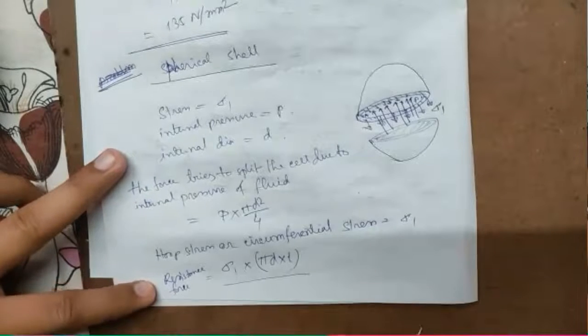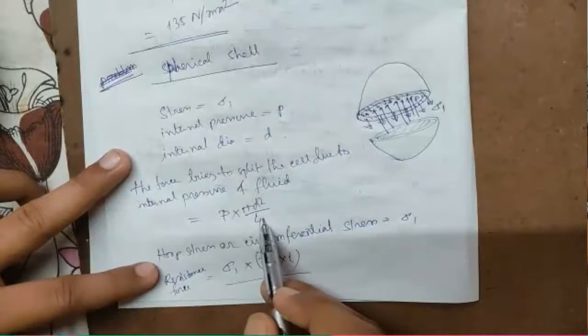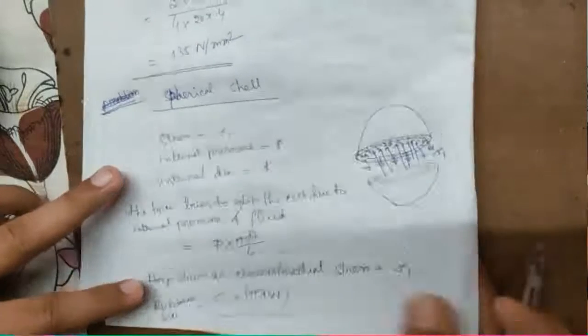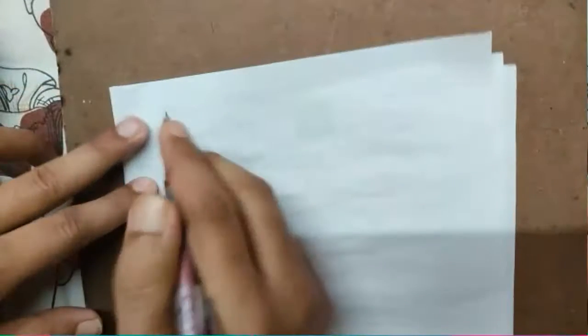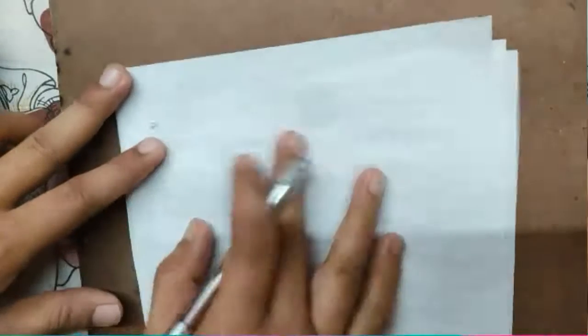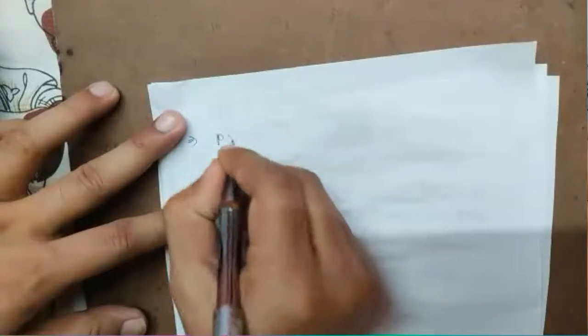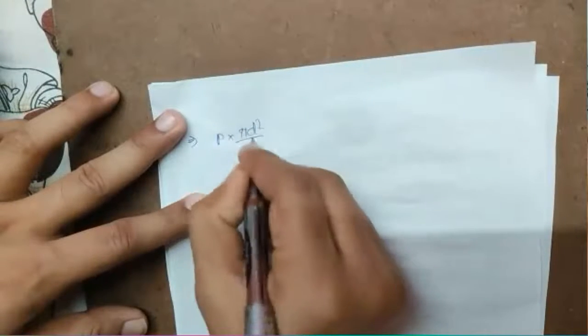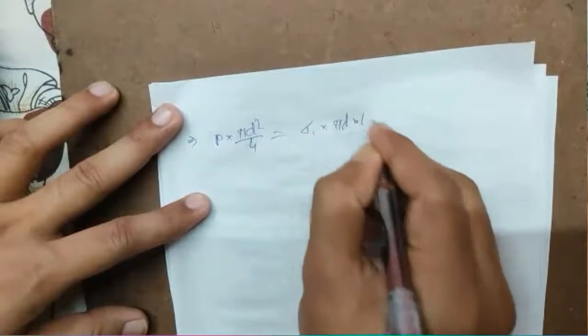Now in limiting case, this resistance force should be equal to the pressure force. So in case of limiting situation, we can write P into pi d square by 4 would be equal to sigma 1 into pi d into t.